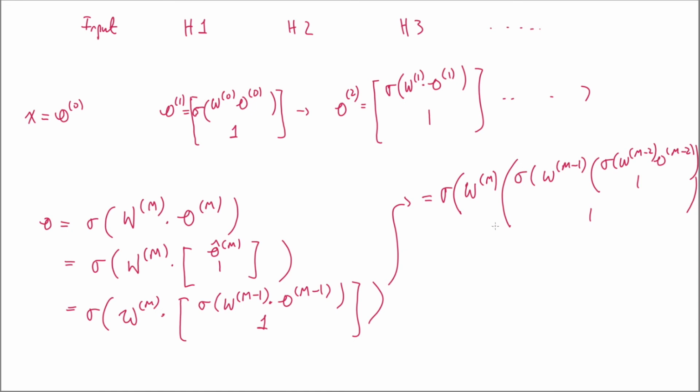This is not something you need to write down. I just want to show you that the output in the final layer is a function of all those weights, because it's a function of Wm, Wm minus 1, Wm minus 2, all the way down to W0.